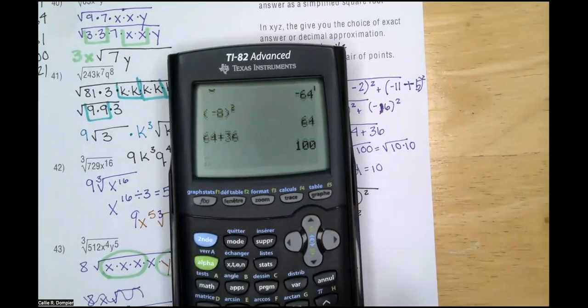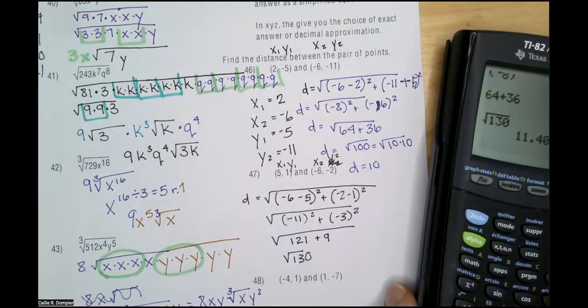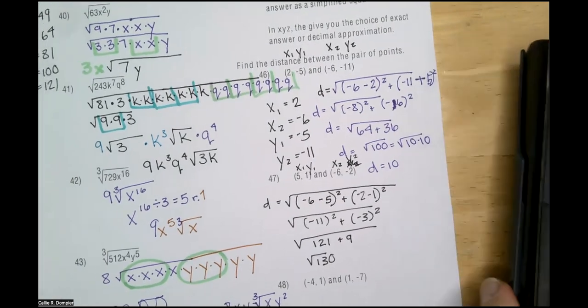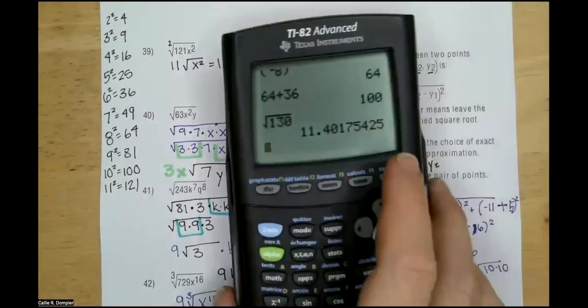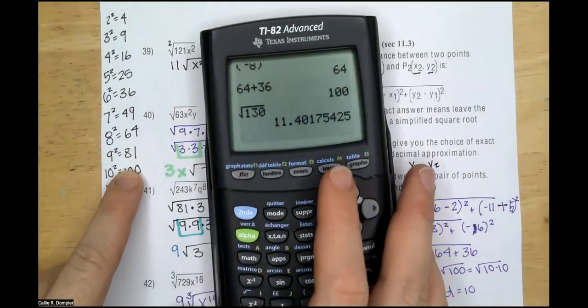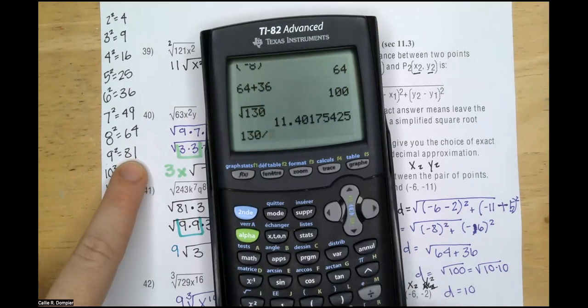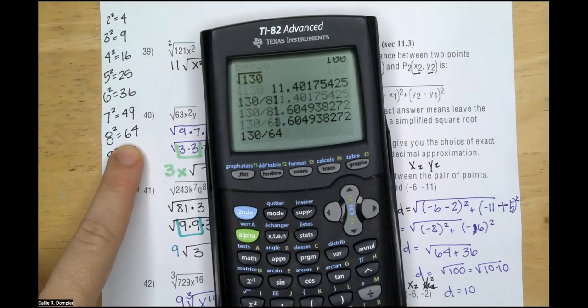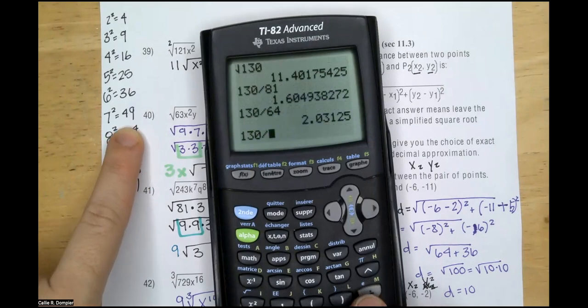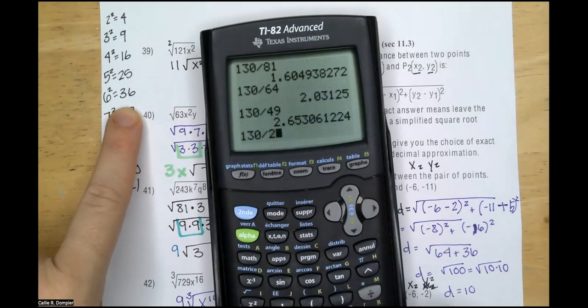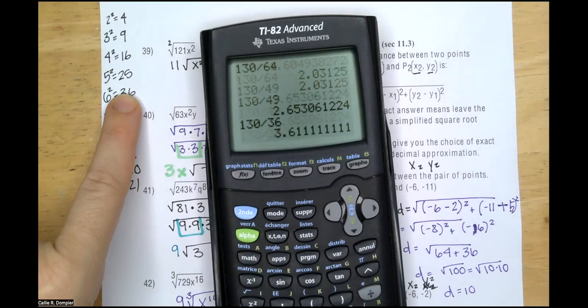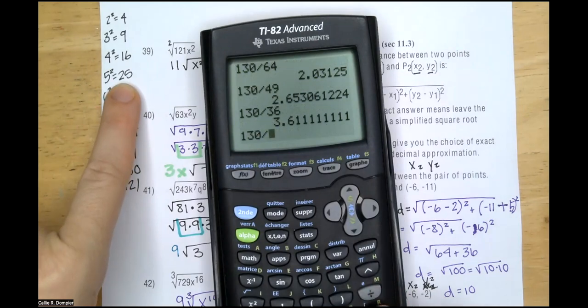Can you take the perfect square of 130? No. So what you want to do again is look at that list of perfect squares and start dividing them into 130, probably not 100, right? 130 divided by 81. 130 divided by 64. 130 divided by 49. 130 divided by 36. 130 divided by 25.